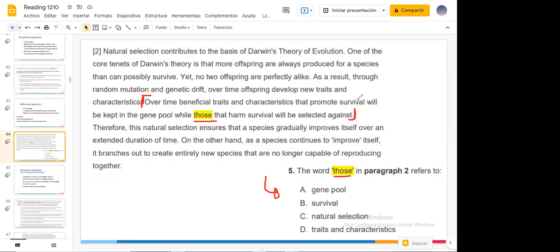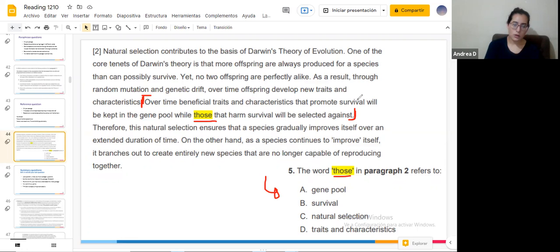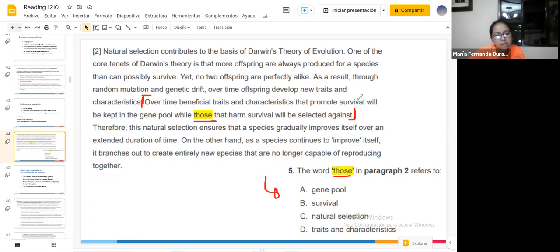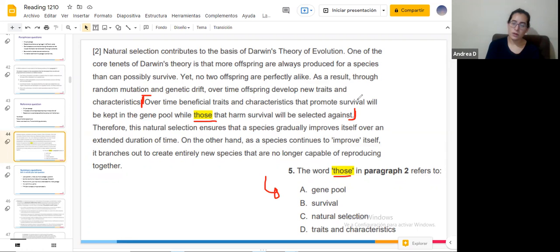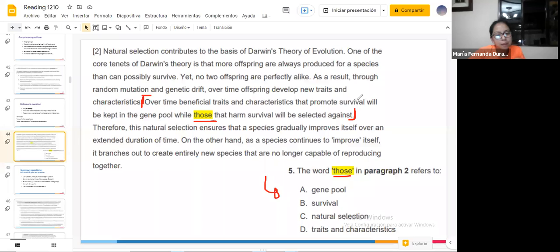The gene pool. You sure? Traits and characteristics. Okay. I will eliminate probably gene pool and survival, since it will be so repetitive, like keeping the gene pool while gene pool that harm survival. That's my thinking.